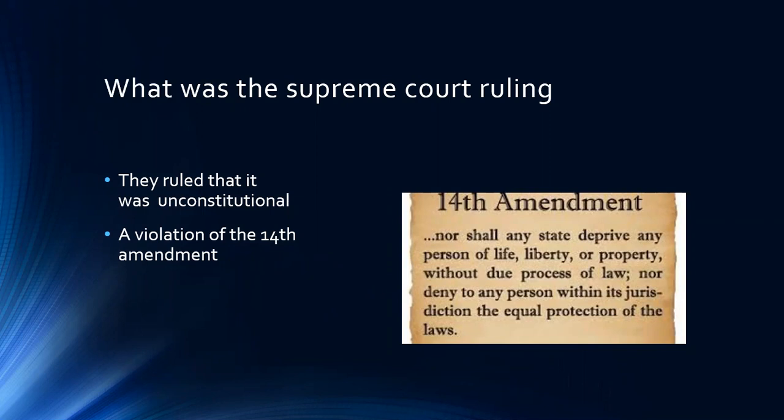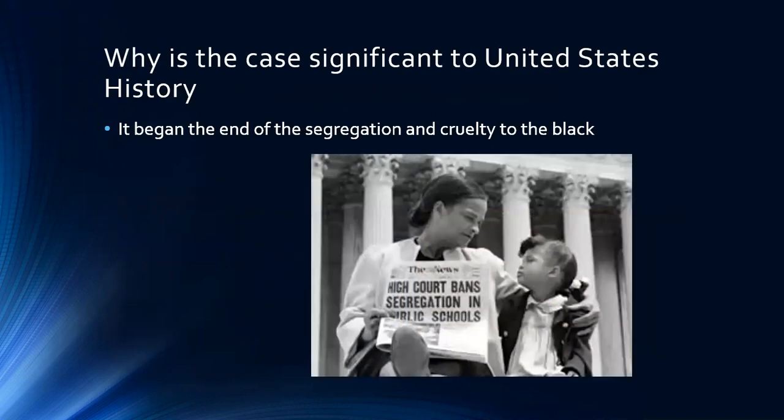The reasoning was that under the 14th Amendment, everybody is given equal protection under the law, equal rights. You should not be denied any. And under their logic, because they were separate, they were inherently not equal. Even though originally the idea was separate but equal, if you separate people and you give them two different areas, you are inherently demeaning one group over the other. There's no way of getting around that. And so as a result, they cannot have separate schools, and integration must be forced.